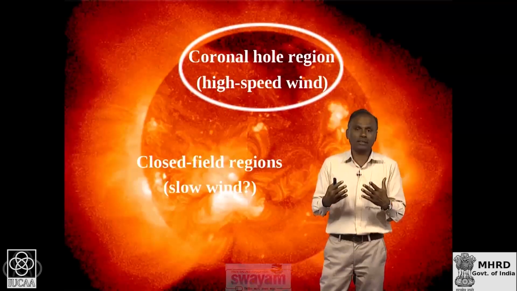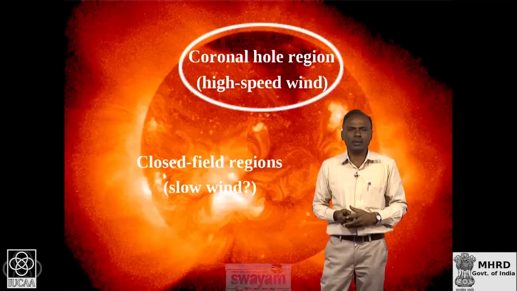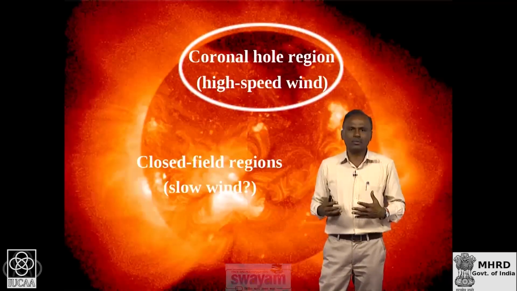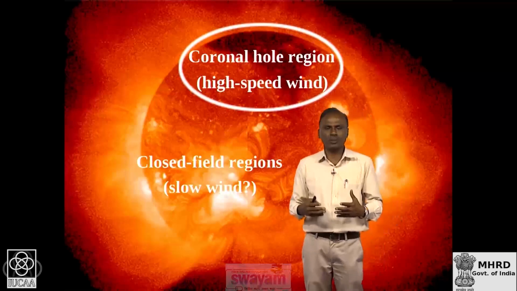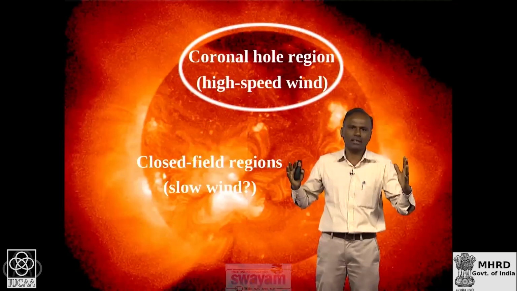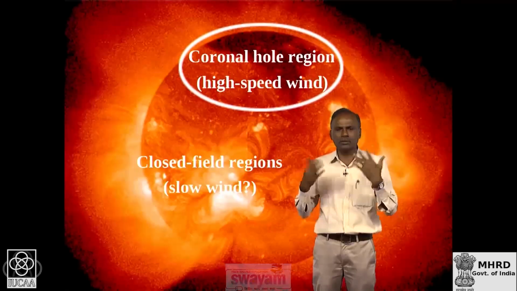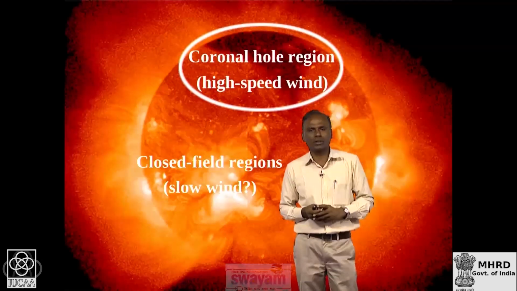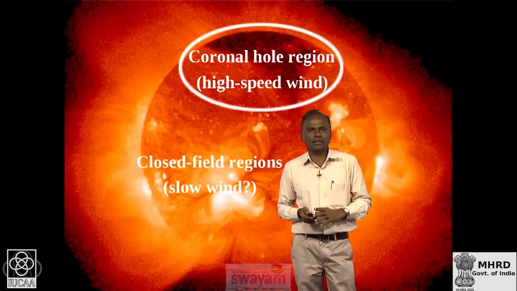But the coronal mass ejection can have a varying speed. They can be pushed into the interplanetary space at something like 100 kilometer per second to 4,000 kilometer per second. So, they are the transients, with a hugely varying speed.